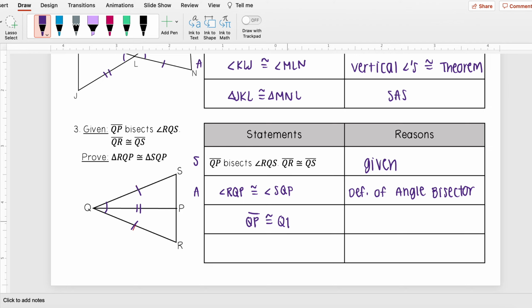And again, that's by my reflexive property. So I have a side, angle, side, and it's in the correct order with the angle between the two congruent sides. And so now I can say that triangle RQP is congruent to triangle SQP. That's by side, angle, side.